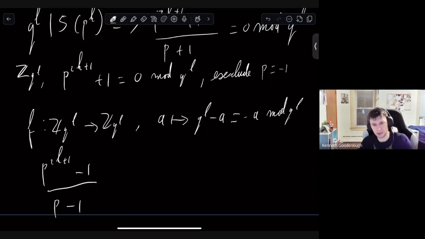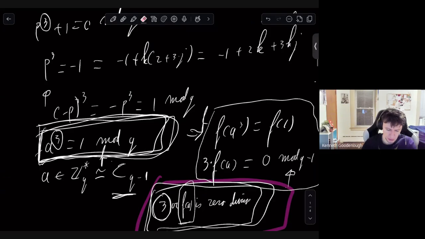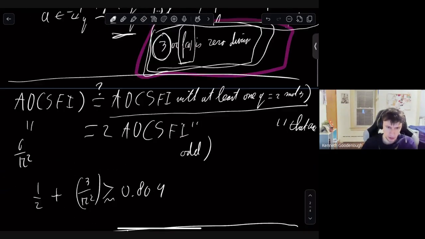To make that clear, if I have some solution p, I send it to minus p, and I plug that in here, then we get exactly the same thing. And that was the trick that I used here, although now a little bit more advanced.